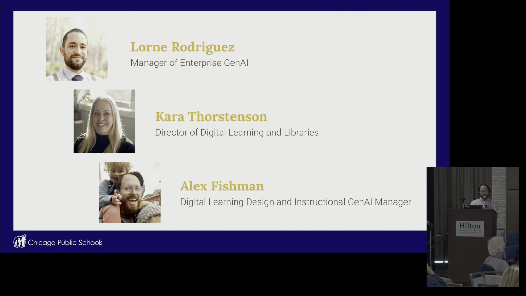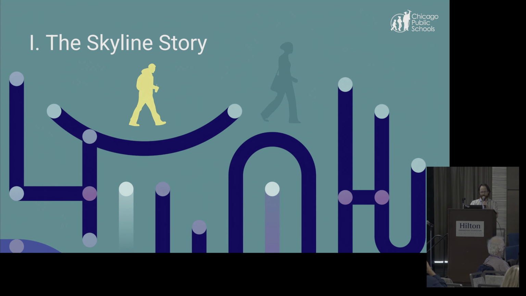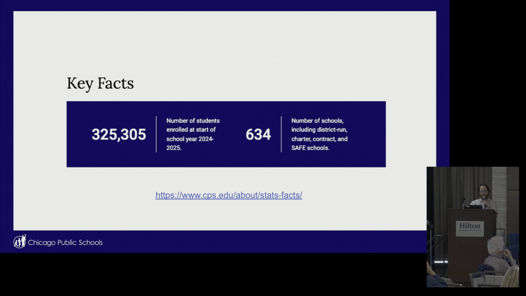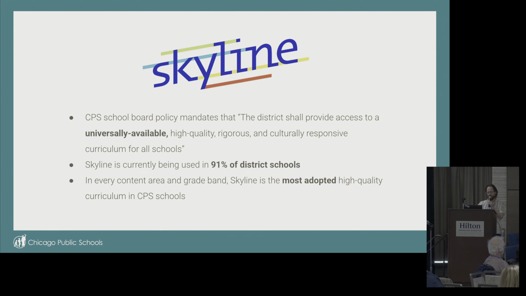So first of all, I'm not doing this alone, so I stole this from a deck we used for a number of other presentations we do. And the reason we get to do this is, as the 4th largest public school district in the country, we did something unique a couple of years ago, and we stood up our own curriculum, which we call Skyline.